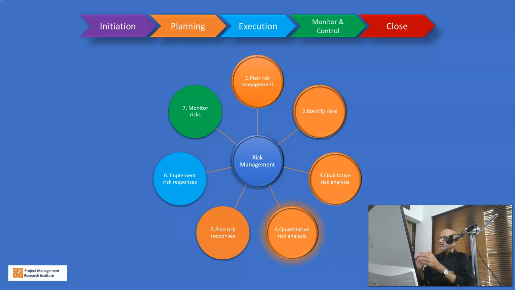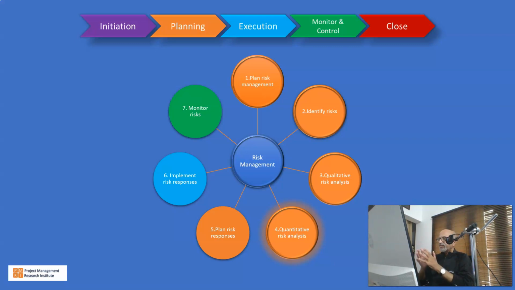So for a risk item where probability is 4 and impact is 3, then P into I is going to be 12. So likewise we do this P into I for all the items in the risk list, and based on their value we can sort them. The higher the value of P into I, the more attention it needs, and others can get lesser attention for the time being. So that is the essence of qualitative risk analysis.